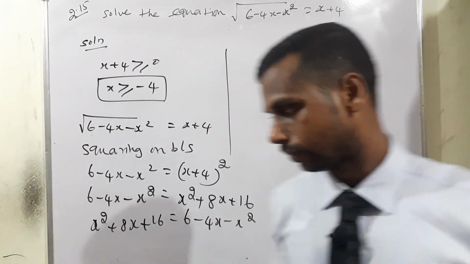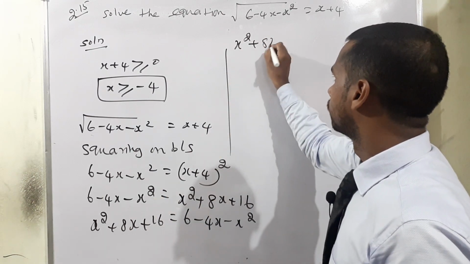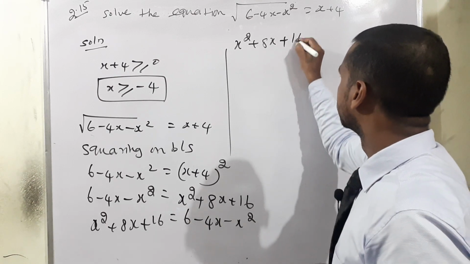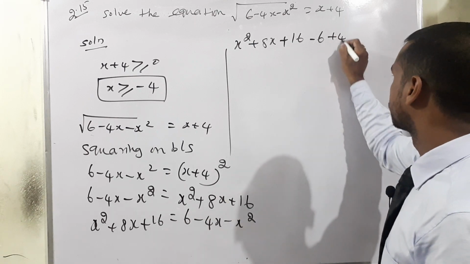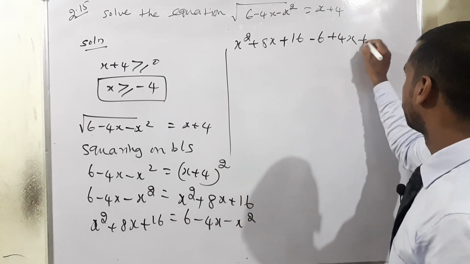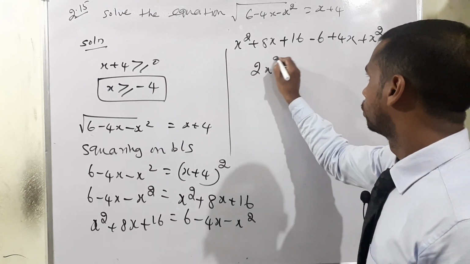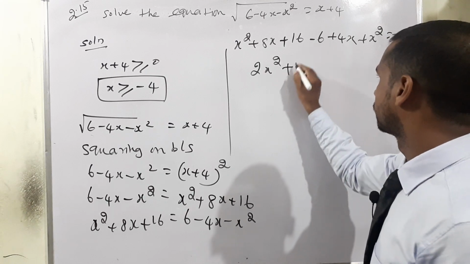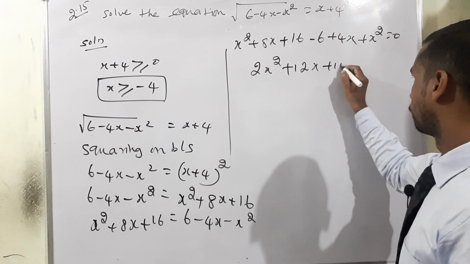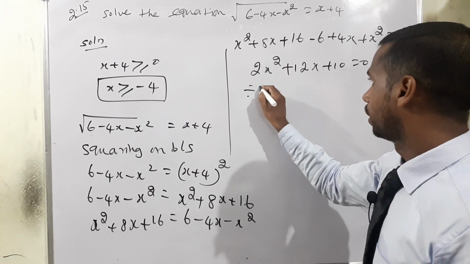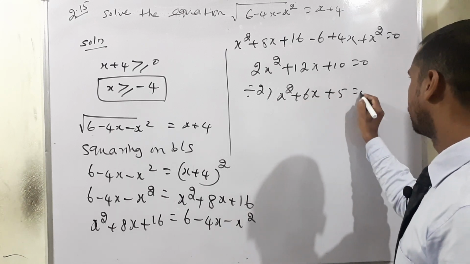Now x square on the left-hand side stays as it is. So x square plus 8x plus 16, then bringing 6 to the opposite side minus 6, minus 4x becomes positive 4x, and minus x square becomes positive x square, equal to 0. Now x square plus x square is 2x square, plus 8x plus 4x is 12x, plus 16 minus 6 is positive 10, equal to 0. The whole term divided by 2 means x square plus 6x plus 5 is equal to 0.